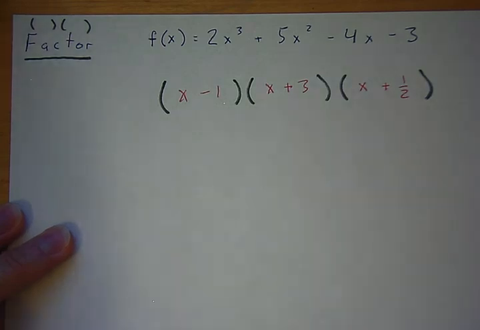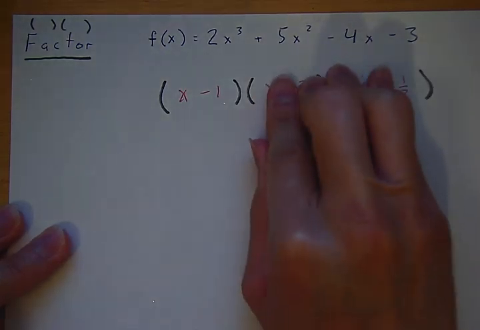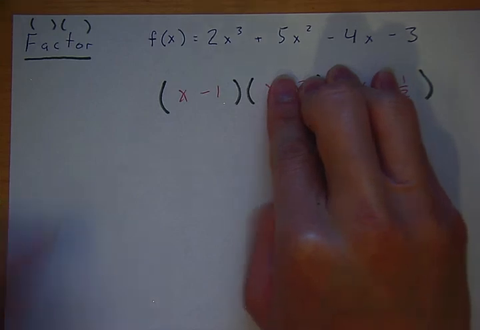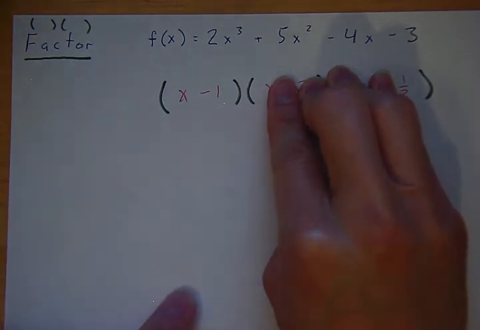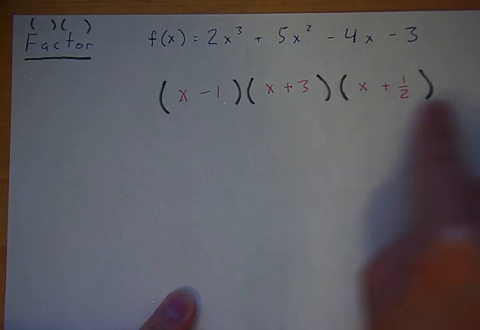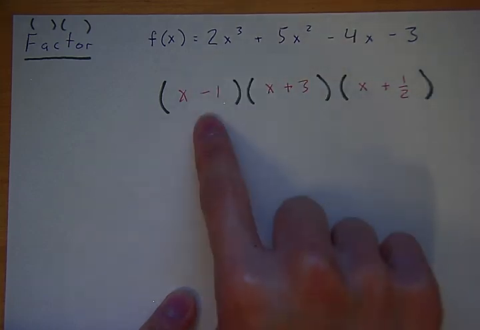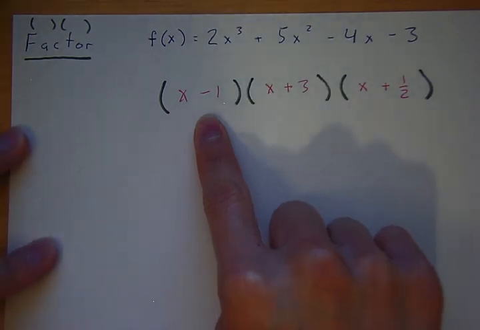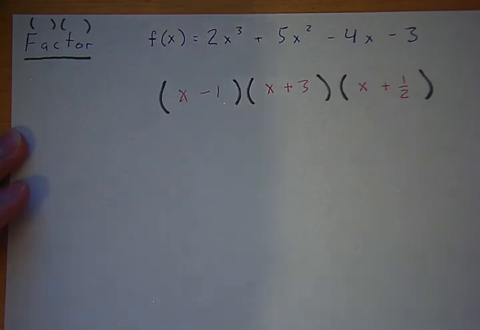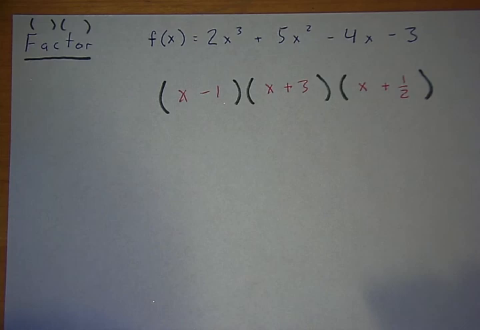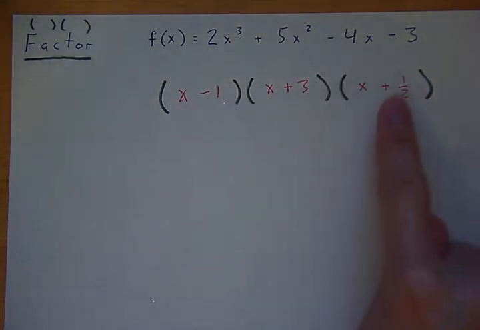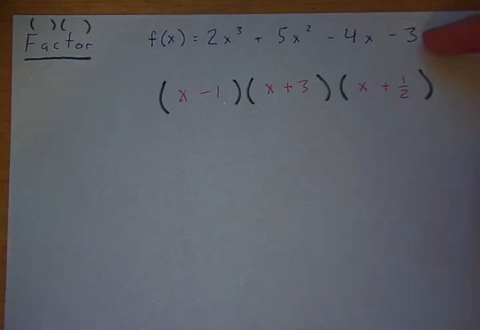If you'd only found one of these, let's say you'd only found x minus 1 to be a factor, the way you can find the other part is by doing f of x divided by x minus 1, doing the long division. One final thing I want to point out here is that if I were to multiply these three red things together, right now I actually do not get that.